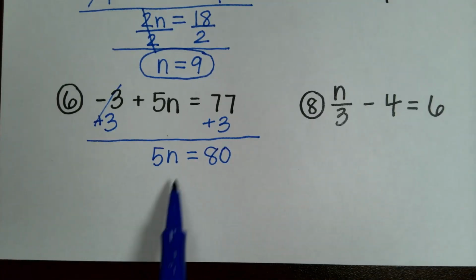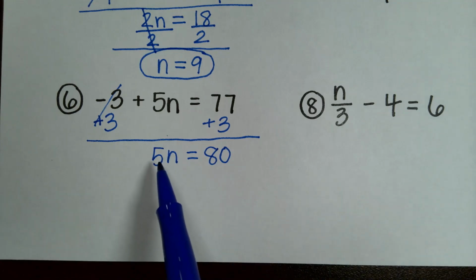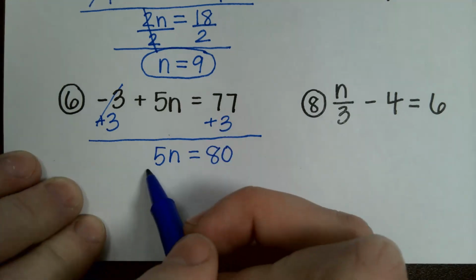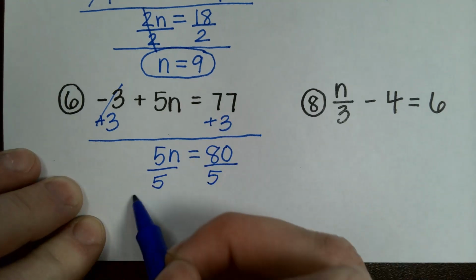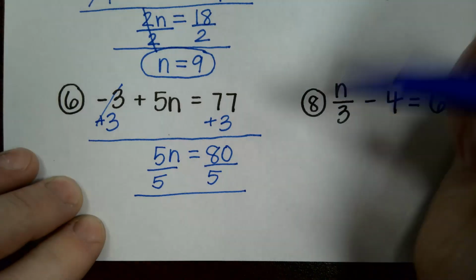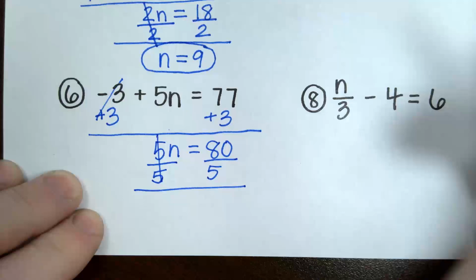Remind me what operation is happening in the 5n? Multiplication. So how am I going to get rid of this? We're going to divide. So we're going to divide by 5 on both sides. All right. What happens next? My 5's will cancel.